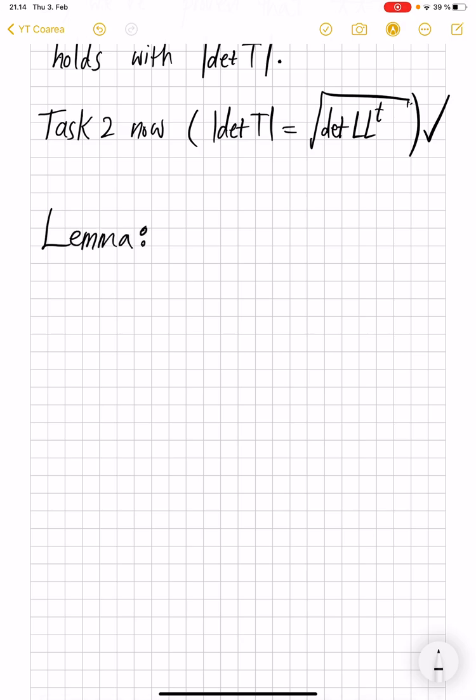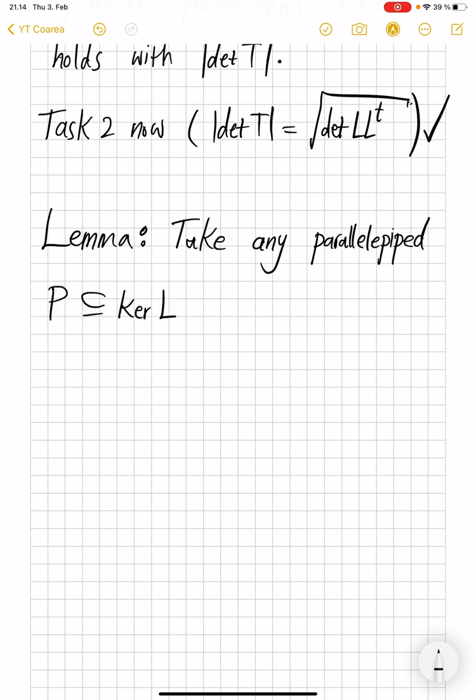The first one is as follows. Take any parallelepiped P contained in this kernel of L complement. This is just K complement in our notation above.